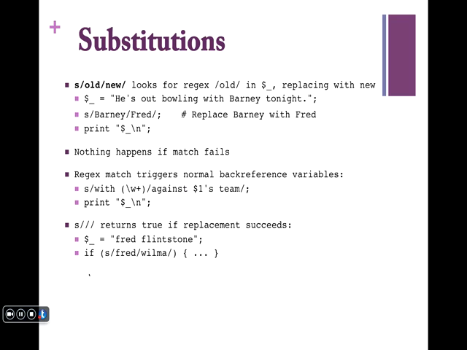So here we'll match with Fred. We'll take that out of the string and replace it with against what is in $1, which is what is inside the parentheses, which is Fred. So against Fred's team. So the end output will be he is out bowling against Fred's team, and we'll print this out for us.